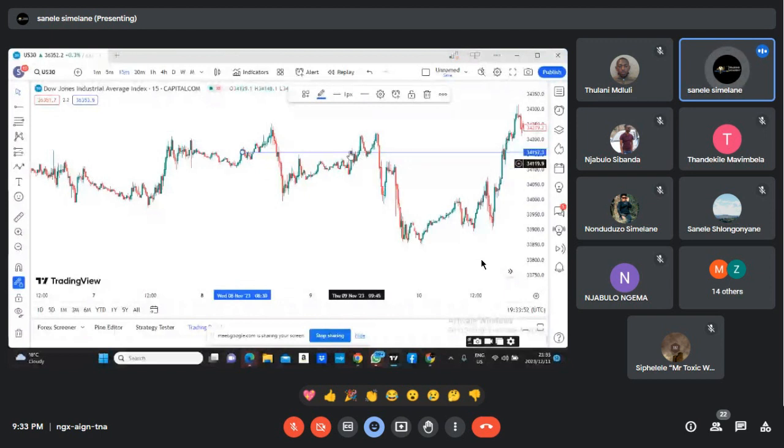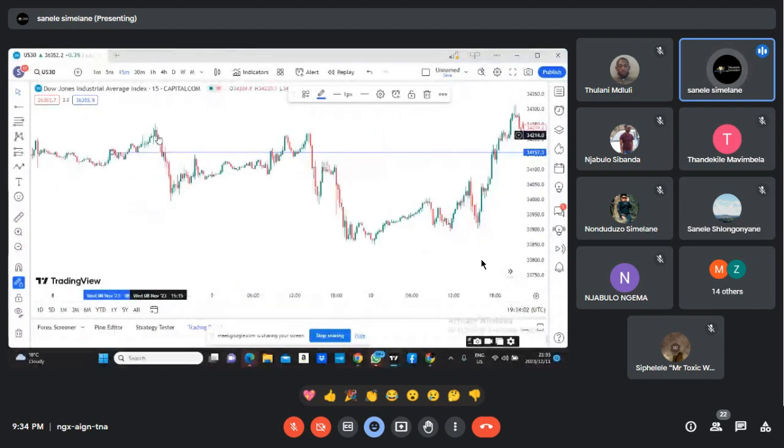The market didn't go down, but then as you can see right here, this is an arrow candle. This is an arrow candle. If you don't know an arrow candle, this is an arrow candle, just right here. When you see an arrow candle, you must be happy, because most of the time the market is about to go for a long term.